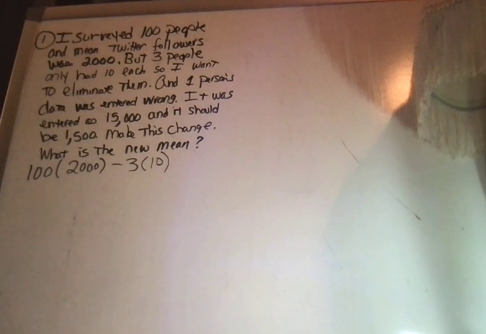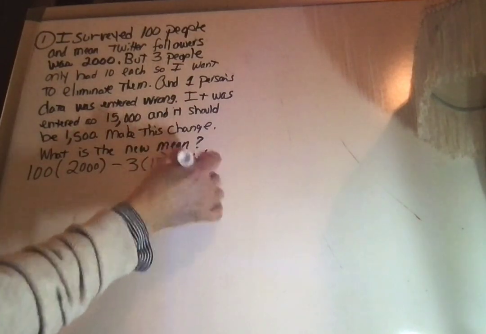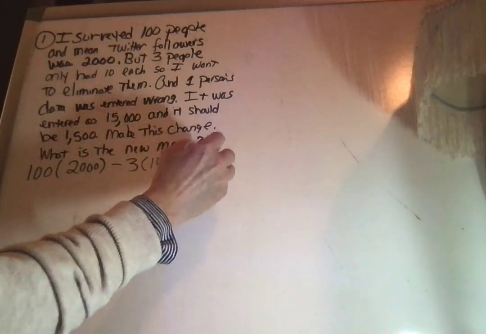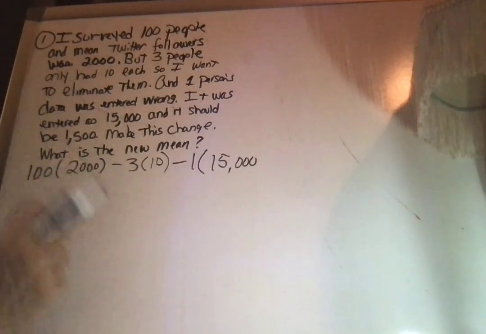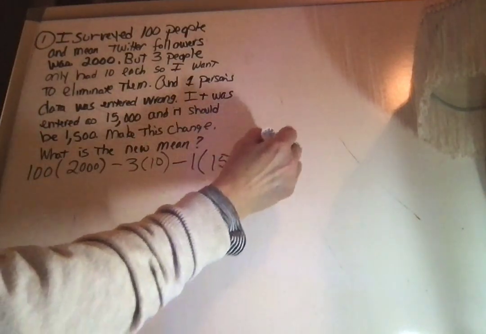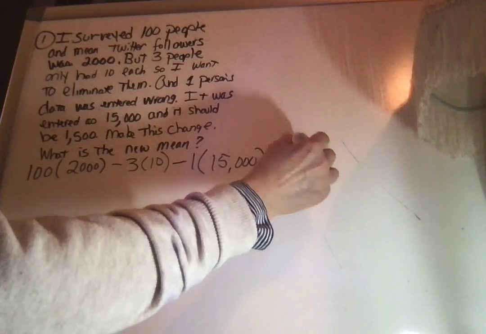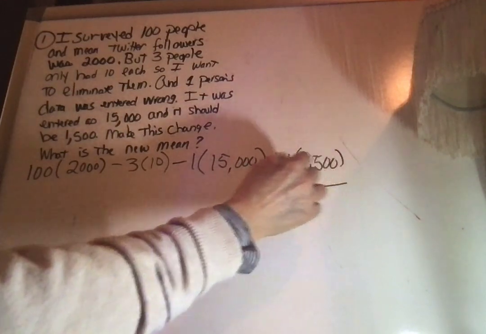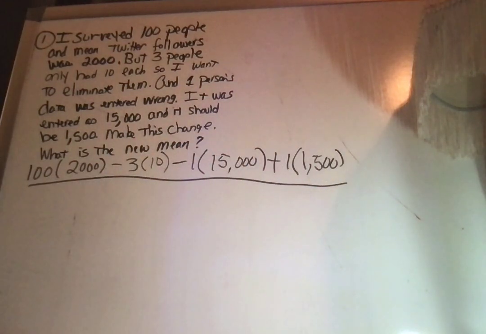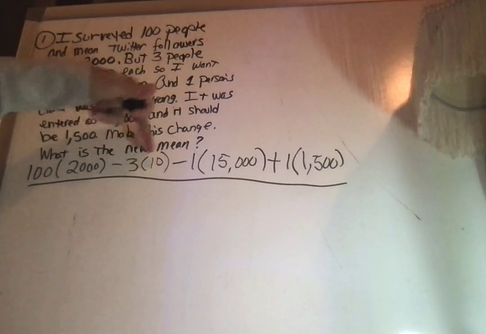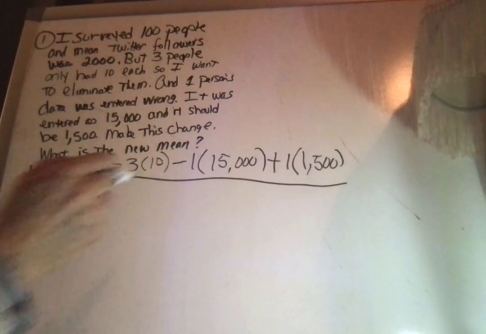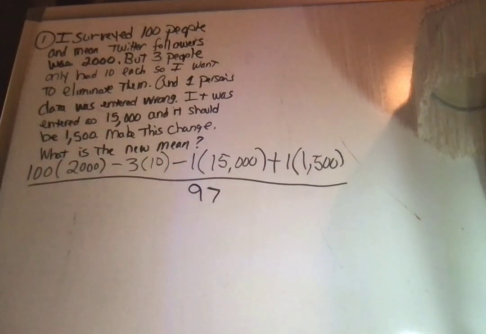And then one person's data was entered wrong, so we got to kick out the bad number of 15,000 and put in the correct number of 1,500. So really all we did was kick out three people, right? And if you check your weights, 100 minus 3 minus 1 plus 1 does give you 97.